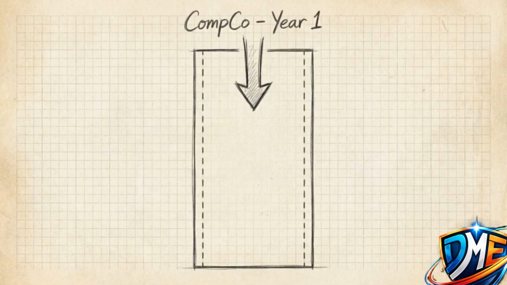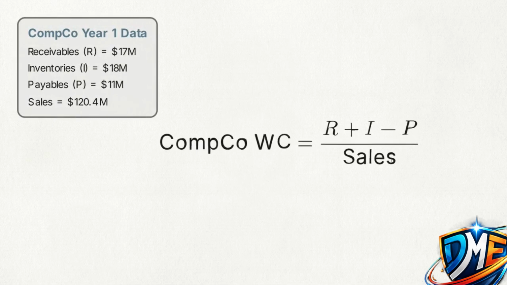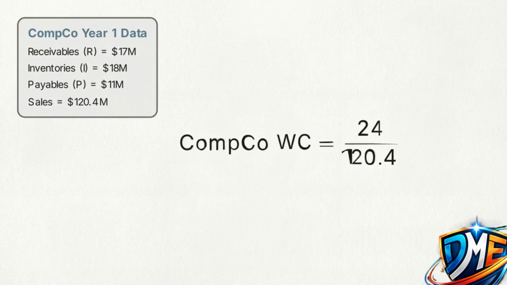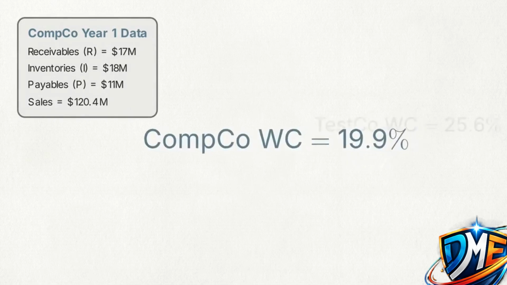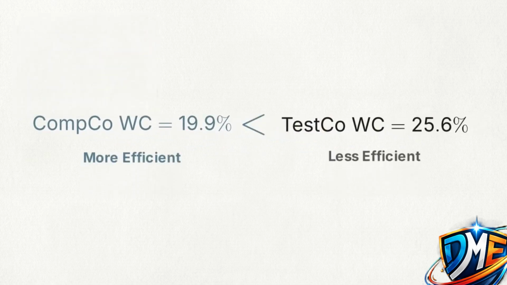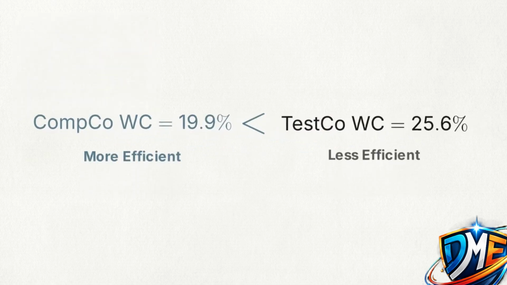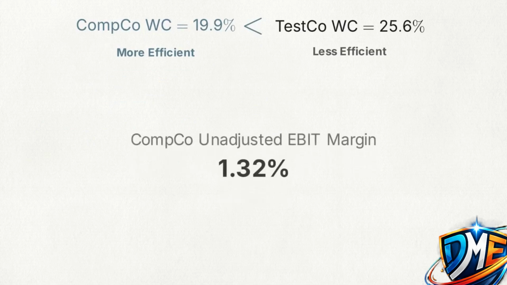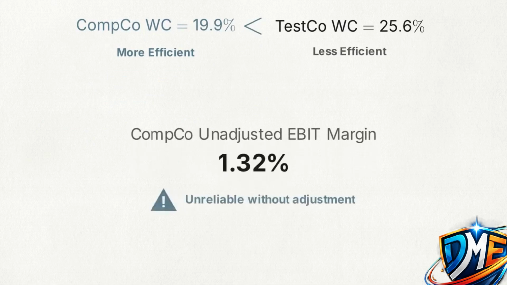Now we shift our analytical focus to CompCo's Year 1 data to run the parallel calculation. Applying the exact same formula to CompCo yields an output of 19.9%. Side by side, this proves CompCo operates with significantly greater capital efficiency than TestCo. CompCo's data also shows an unadjusted EBIT margin of 1.32% for Year 1.